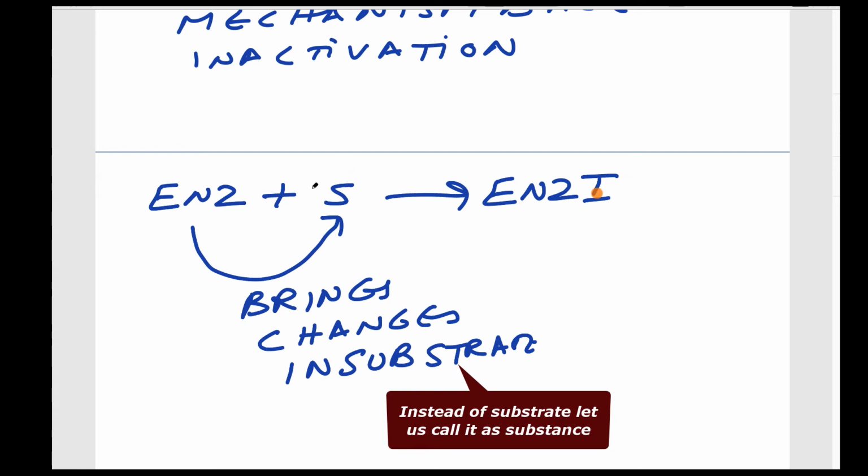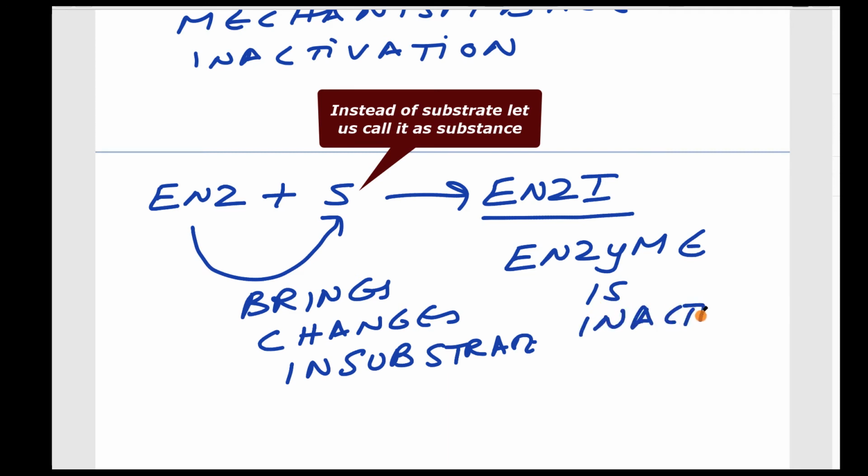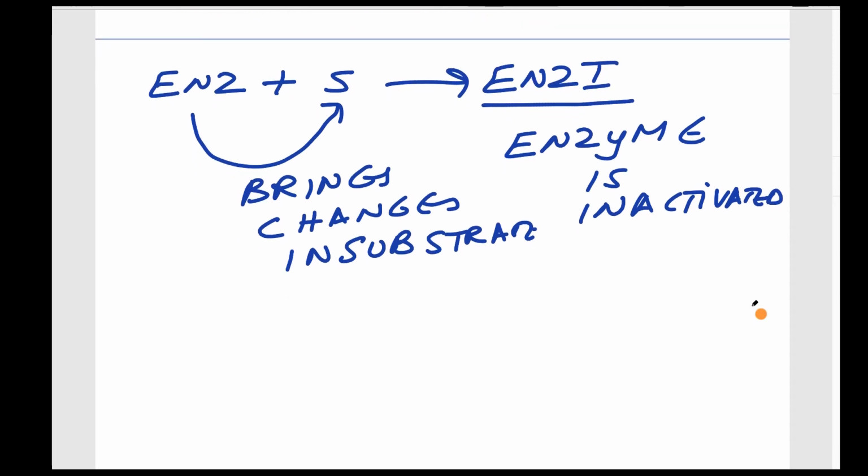Earlier the substrate was not doing anything to the enzyme and was not inhibiting it. But the enzyme converts it into the inhibitor, and through this the enzyme is inactivated. That is what we call suicide inhibition or mechanism-based inactivation. This we will study in detail in the next session.